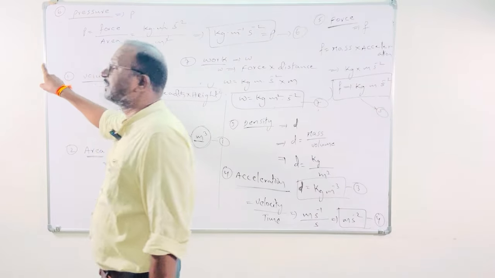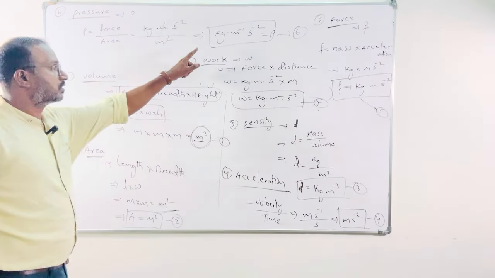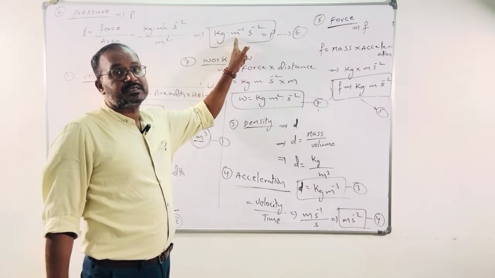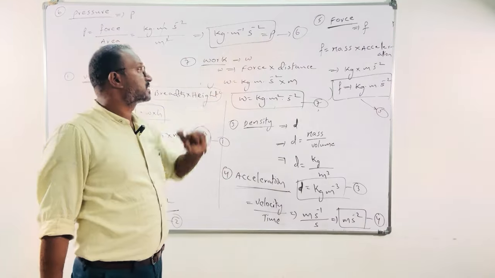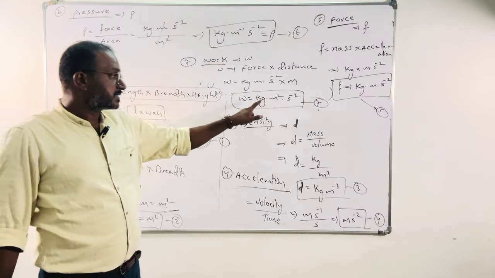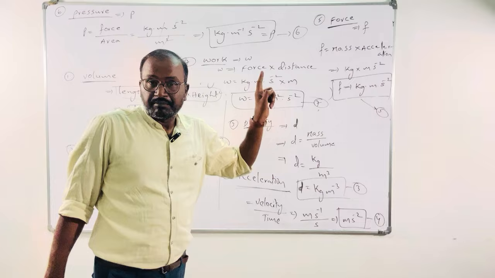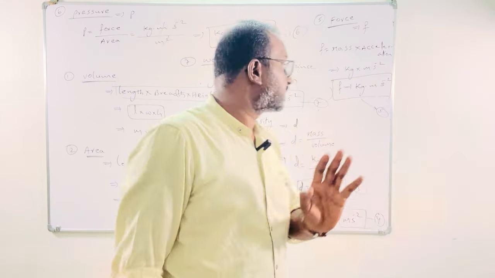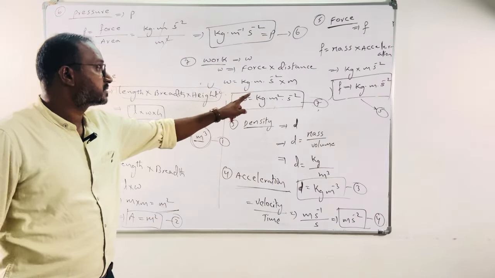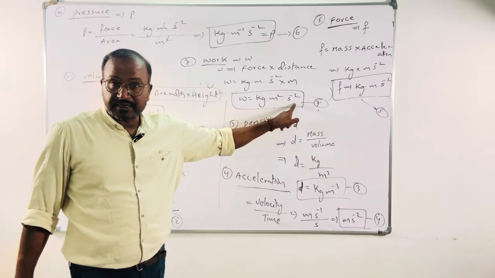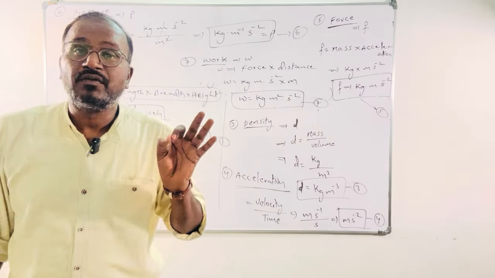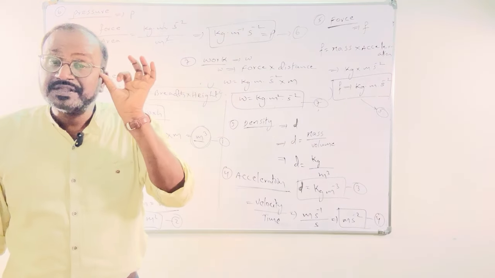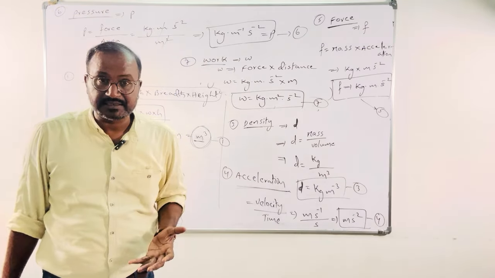For pressure, SI units are kilograms meter inverse second square inverse. And for work, SI units are kilogram meter square per second square. These we require for physical properties measurements.